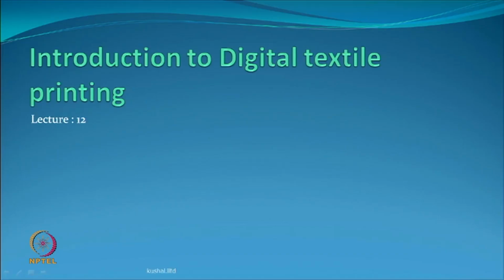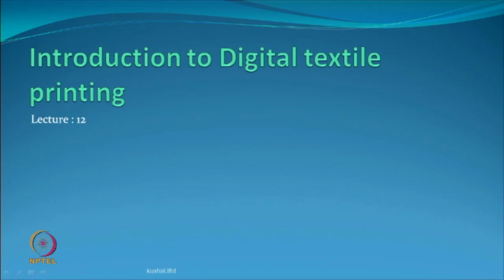So, today we will look at what we call an introduction to digital printing, just the concept to begin with, and in subsequent lectures we will take specific issues related to digital textile printing. This in some sense is an extension, or a nice way to change over the thought process from paper transfer to directly printing the textiles.